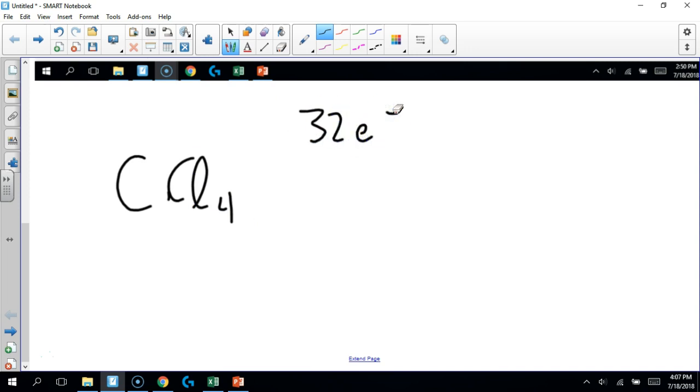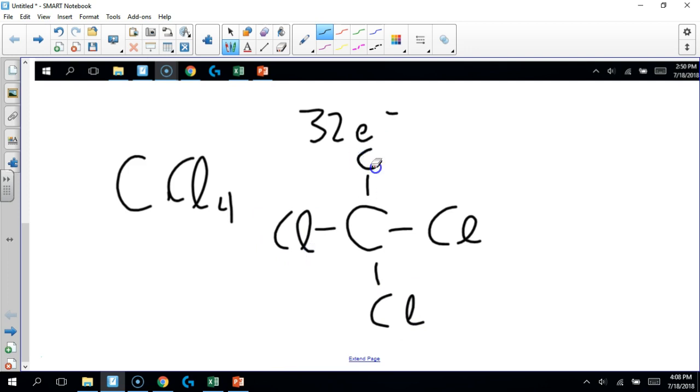Now we draw what we call a skeleton structure. That skeleton structure has carbon in the middle, and then chlorine around the outside. So now, how many electrons have we used?